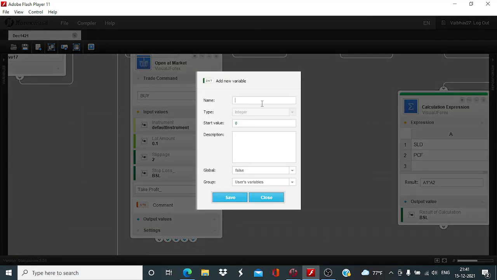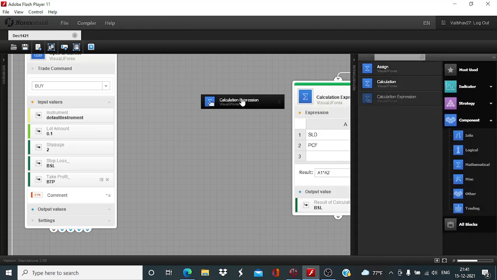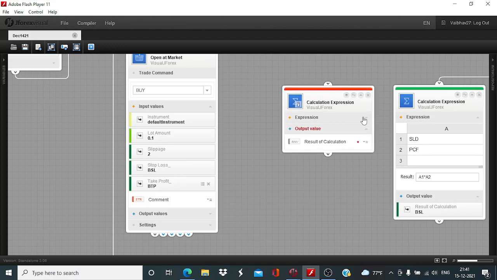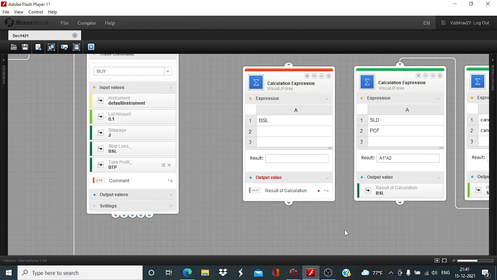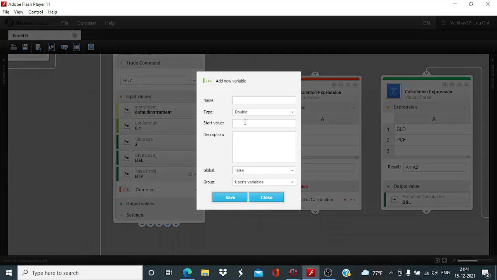I will create the variable here, and we take one more calculation expression and multiply it with a new variable with the start value of 2.